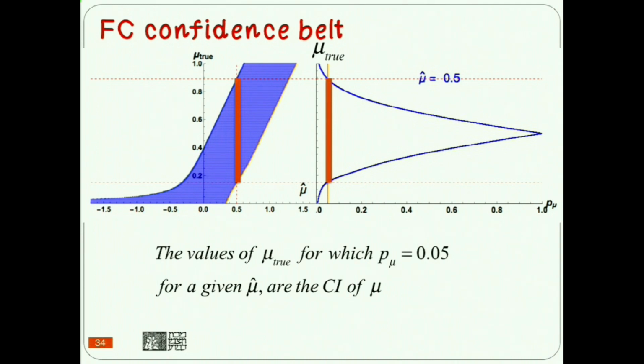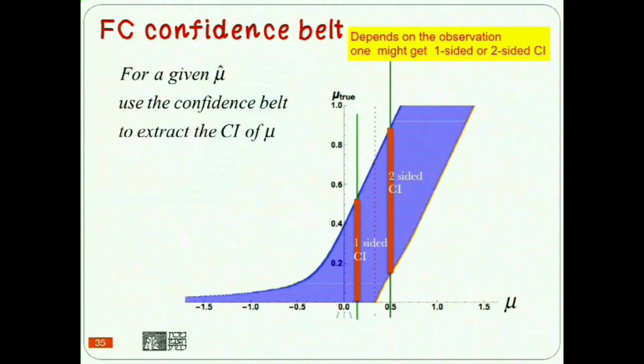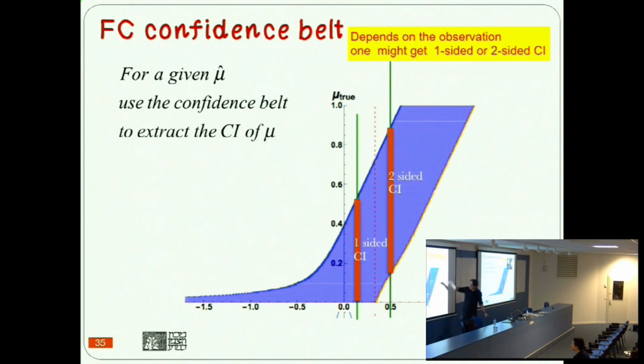I know it's hard to follow it so quickly, but the slides are there and you can look. By the way, the slides are already there, so if somebody doesn't see the board well, just open the slides. So now I see that using the asymptotics, I easily constructed the Neyman construction of the Feldman-Cousins, and I can see immediately that for some measurements, depending on the measurement, I will get a two-sided interval, and for some measurements, I will get a limit, a one-sided.